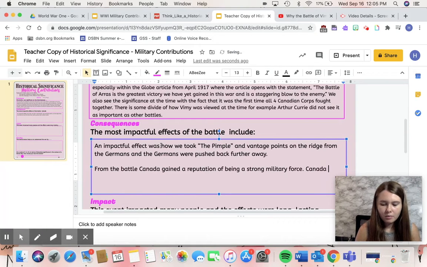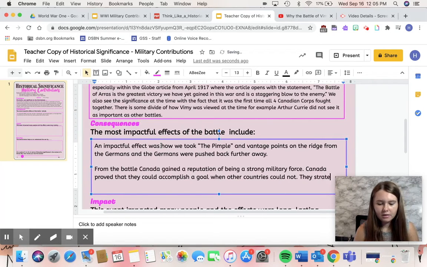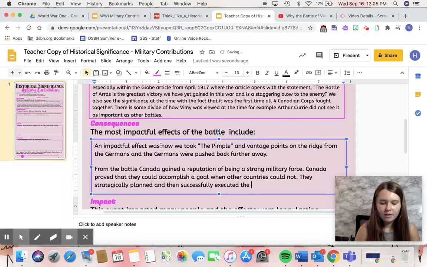Canada proved that they could accomplish a goal when other countries could not. They strategically planned and then successfully executed the attack on Vimy Ridge.